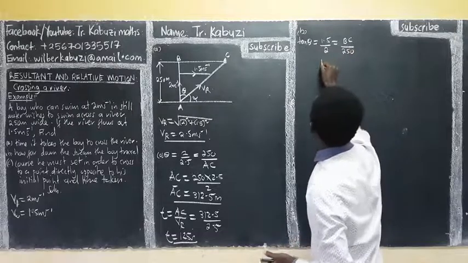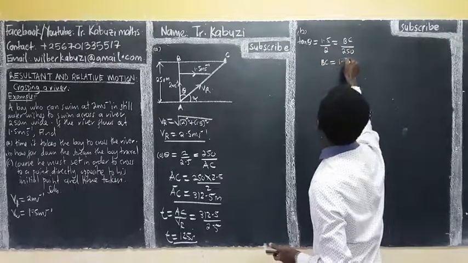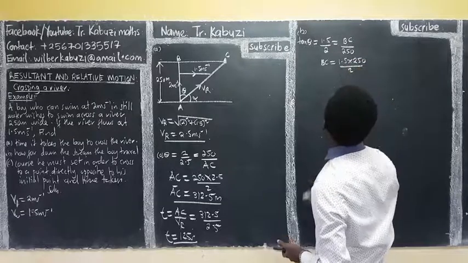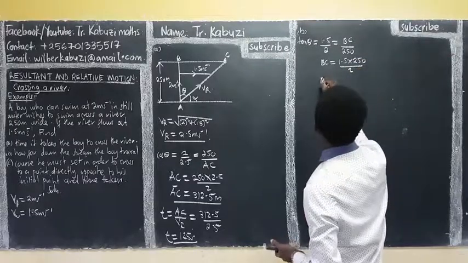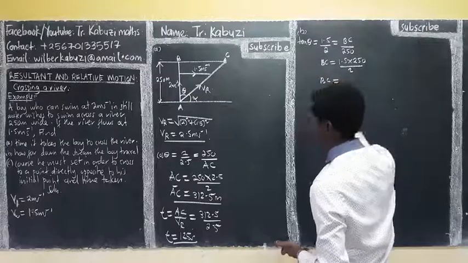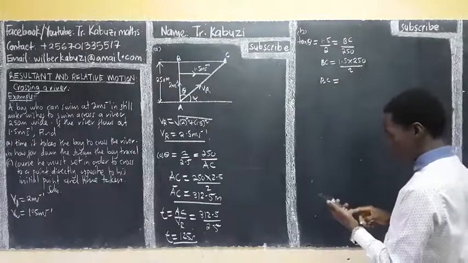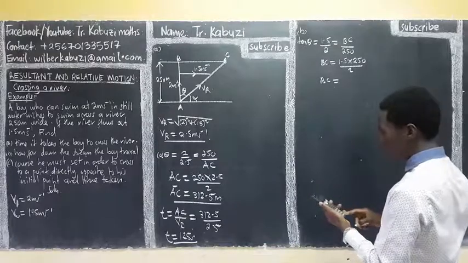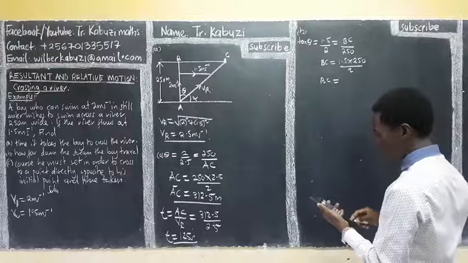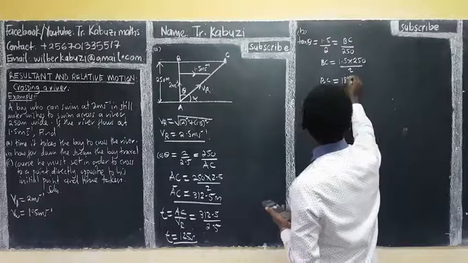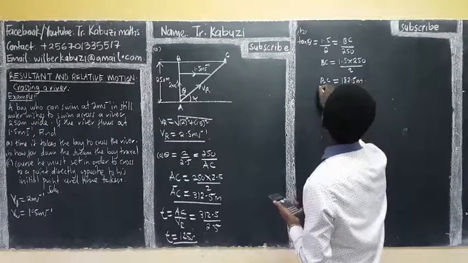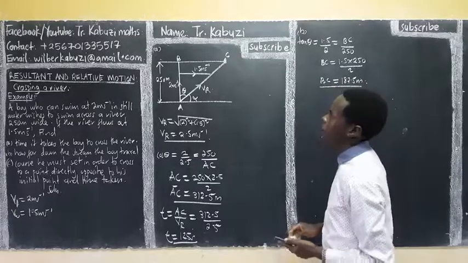If you cross multiply, BC is going to be 1.5 times 250, the whole over 2. So my BC is going to be 187.5 meters.